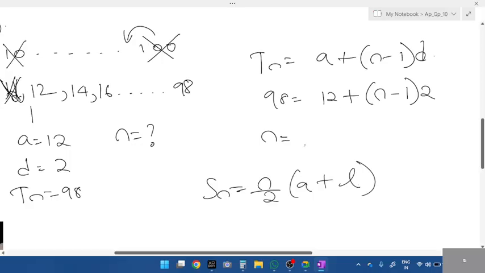The students completed. What is n value? Okay, substitute 38.